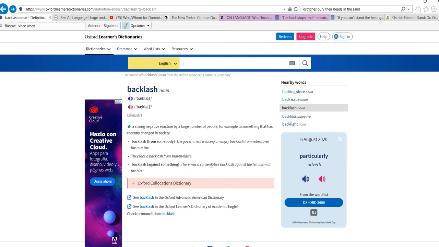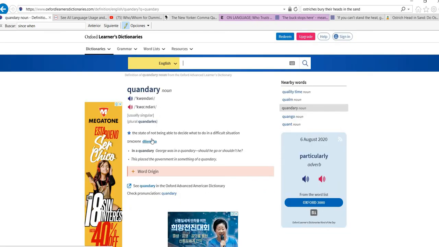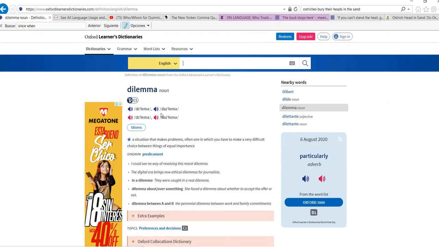And section 5. Once again, a lot of expressions. Here we have lots of expressions to say you are in trouble. In a quandary. I wanted to get the pronunciation: in a quandary, which is the same as in a dilemma, which is a predicament. So you have all the expressions there.